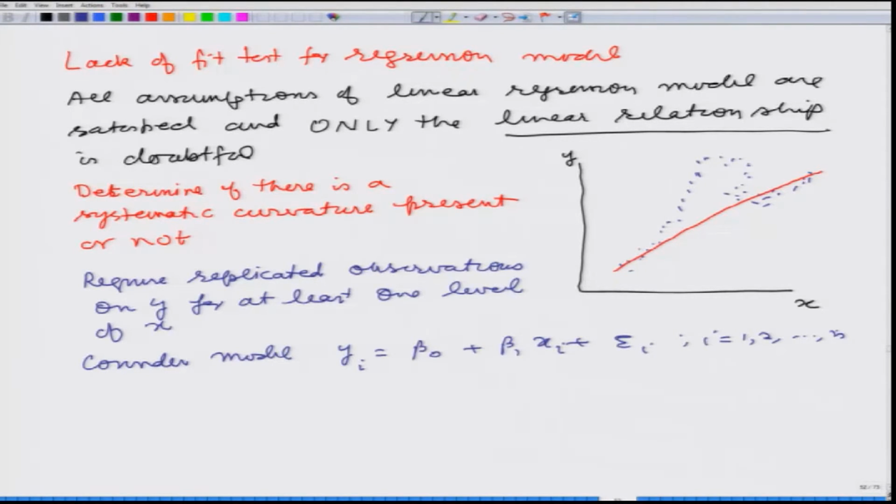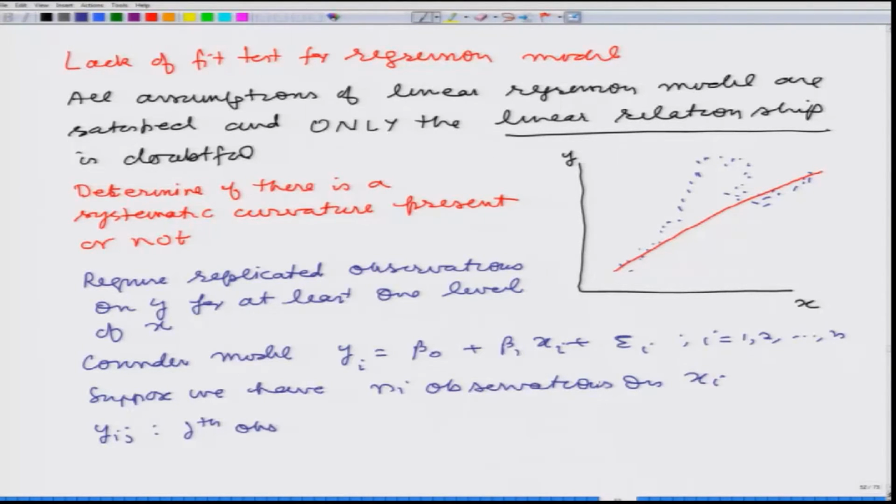Now, suppose we have ni observations on xi. Let yij denote the jth observation on xi.